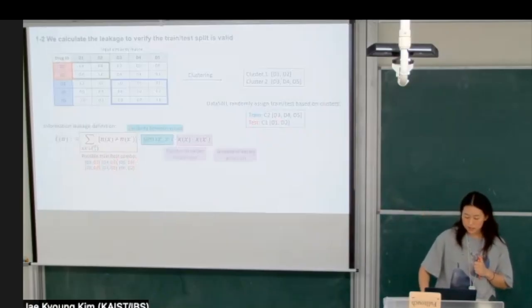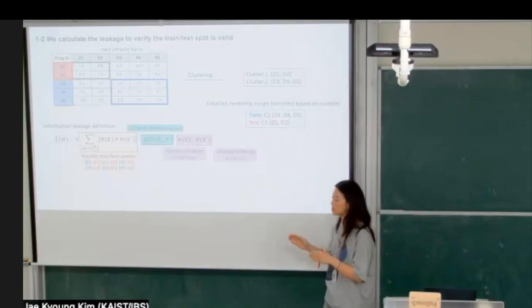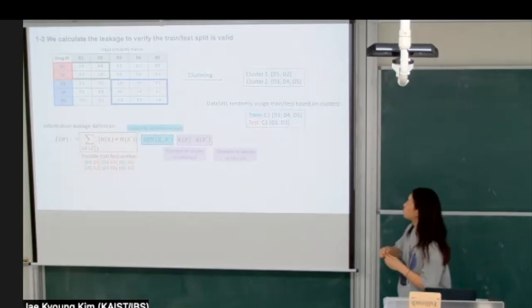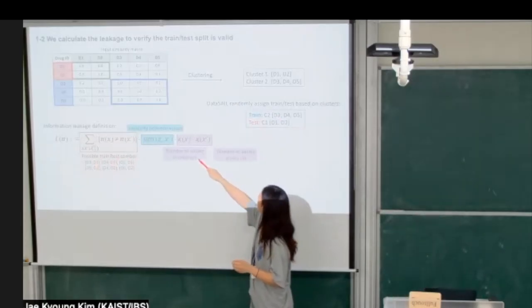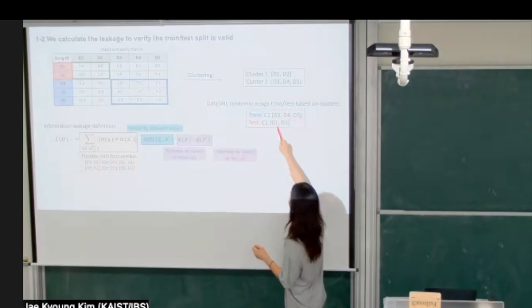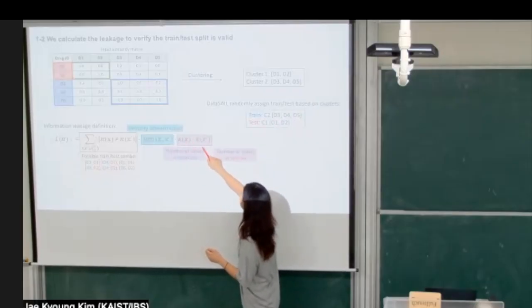And then the K variables represent the number of values in each train and test set. So for example, in train, we have 3 inputs, and then in test, we have 2 inputs. So this will be 3 and this will be 2.